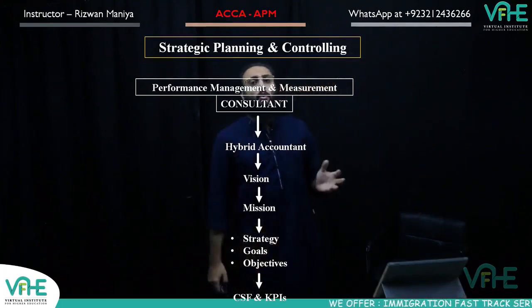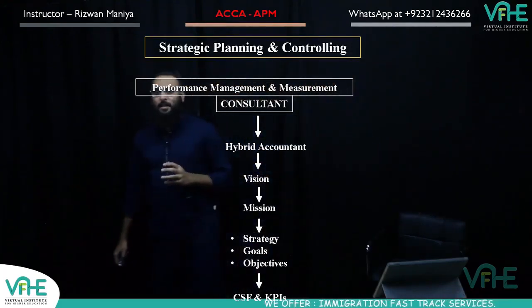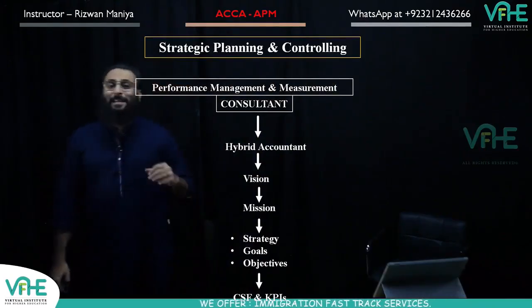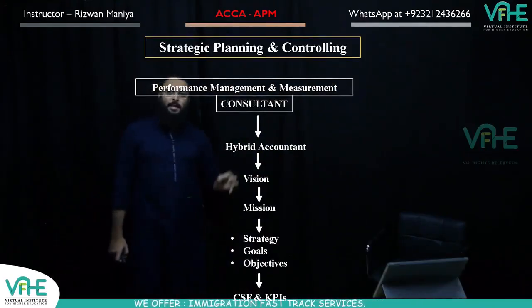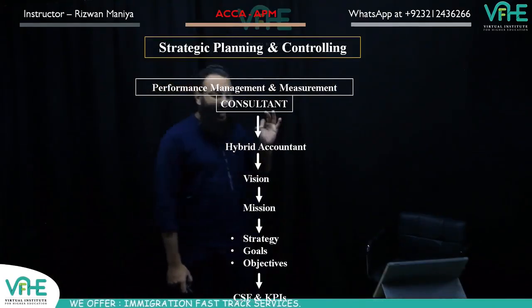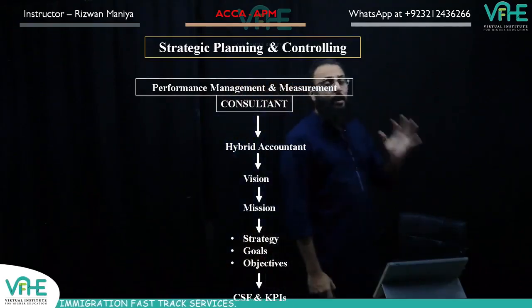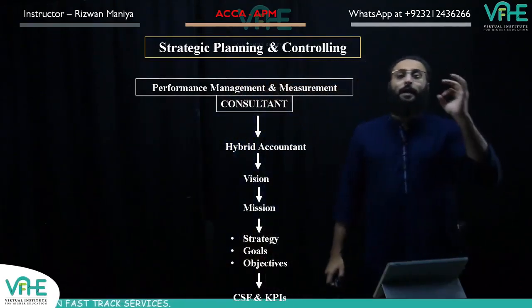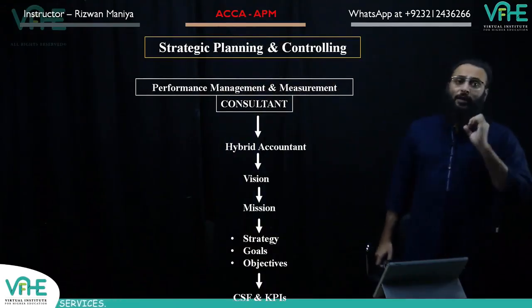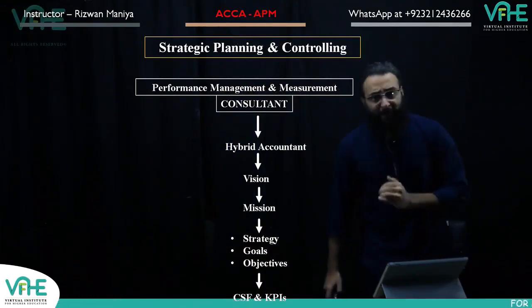You all know that CSFs are very important as they ensure the success of the organization. Any business that wants to win has to make sure that it fulfills its critical success factors.